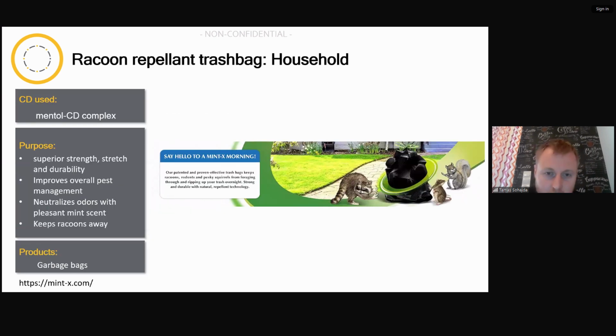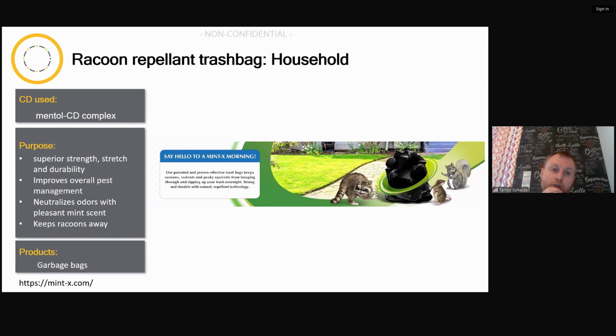So now some of the examples I bring, I hope will be surprising and crazy. So trash bags with cyclodextrins. Here the idea was to encapsulate menthol into the cavity of the cyclodextrin and incorporate it into the foil of the trash bag.